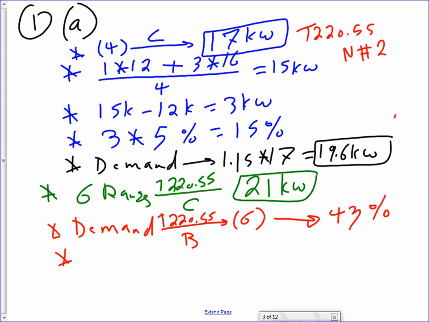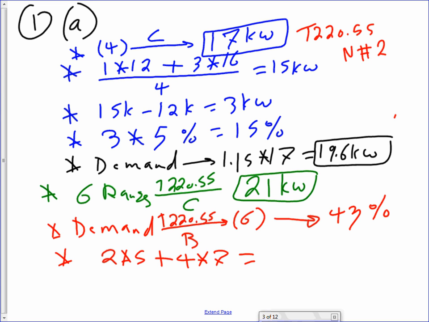Then you come over here and take the sizes of the ranges. Add all your ranges together. I have 2 times 5 plus 4 times 7. This is all the ranges.